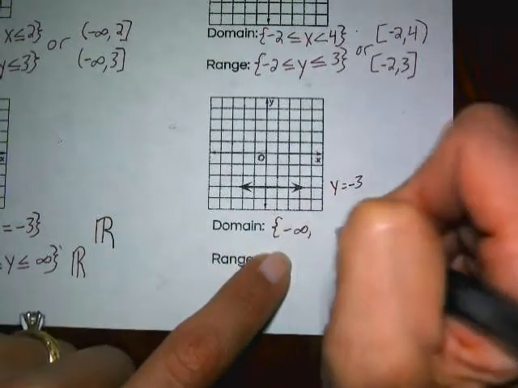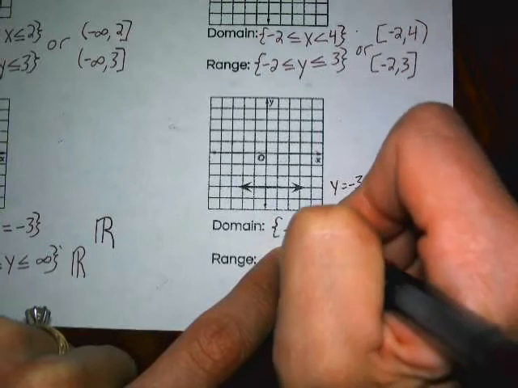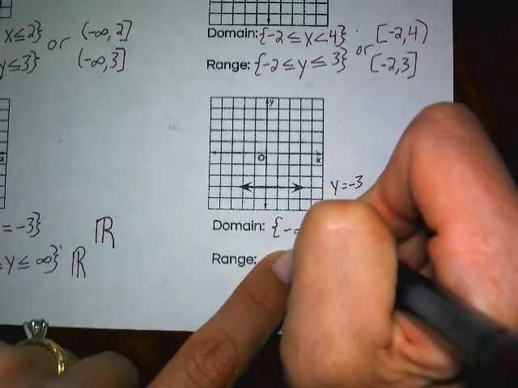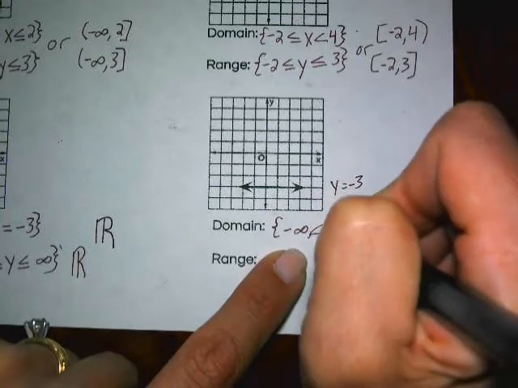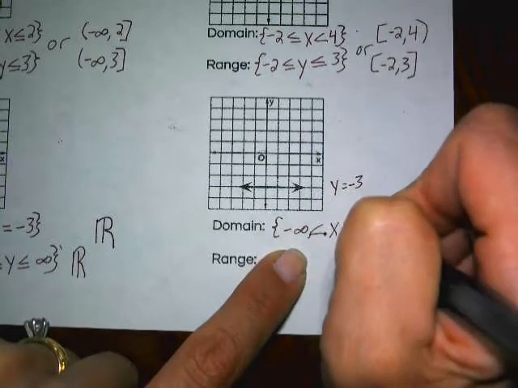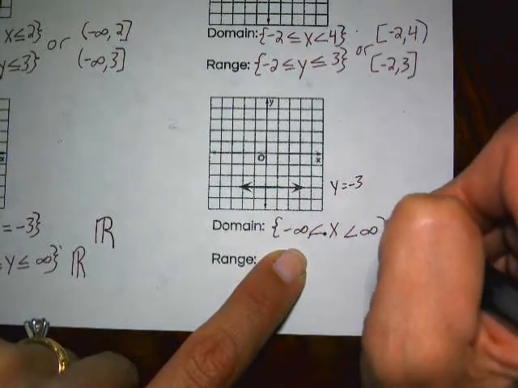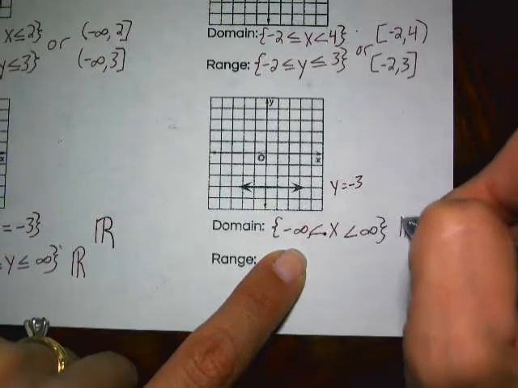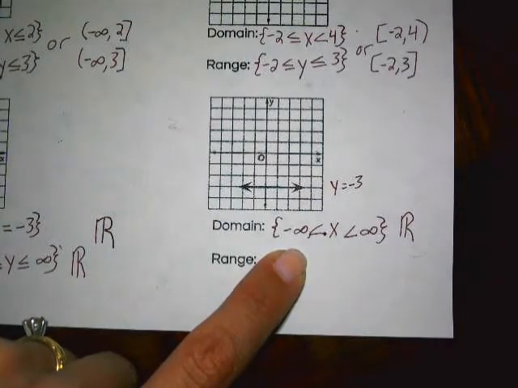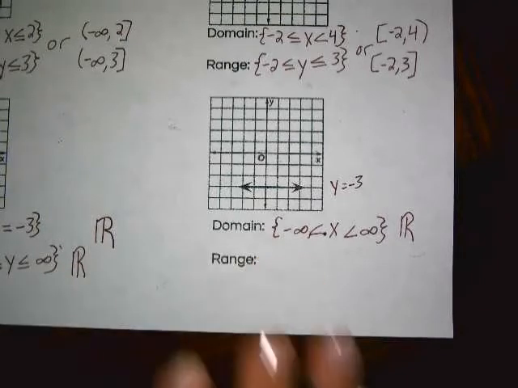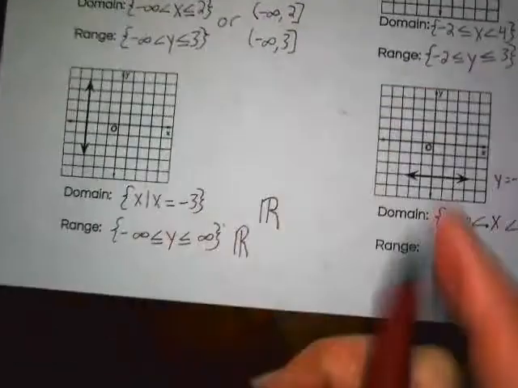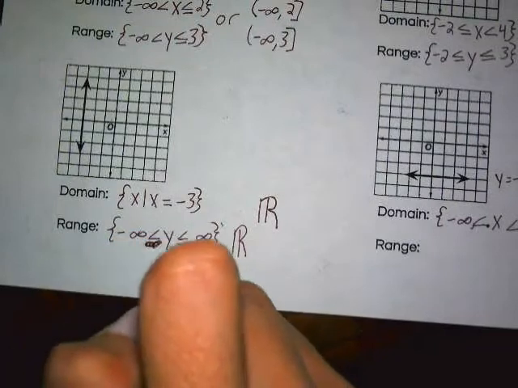Negative infinity less than x less than infinity. But again, we want to write this as all real numbers. I did this one wrong. This does not have equal signs there. Sorry about that.